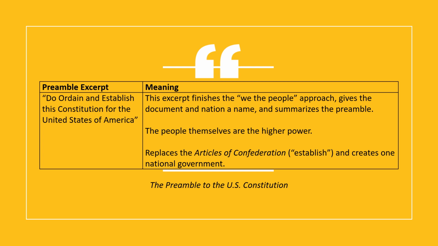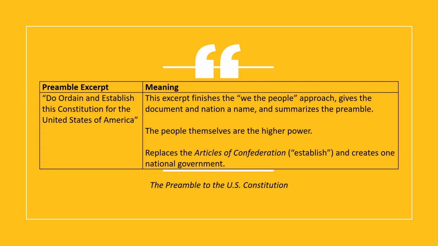Do ordain and establish this Constitution for the United States of America. This excerpt finishes the we the people approach. It gives the document and the nation a name. We the people ordain and establish this Constitution.